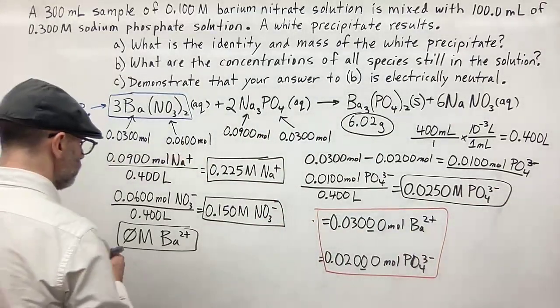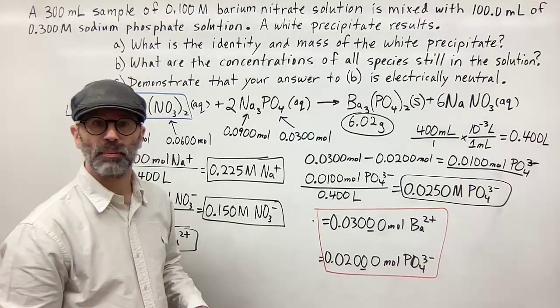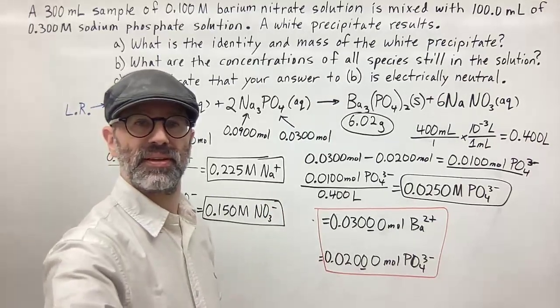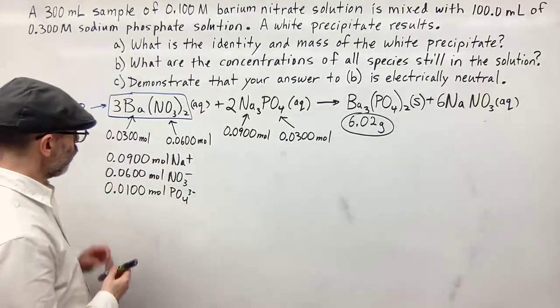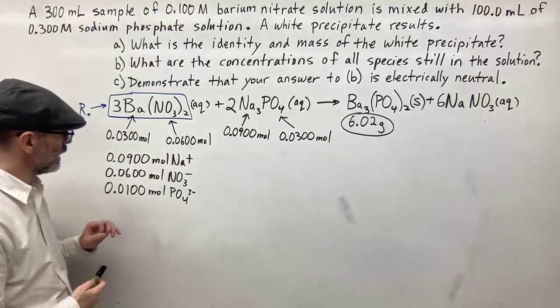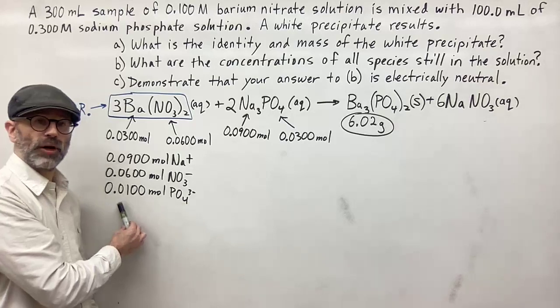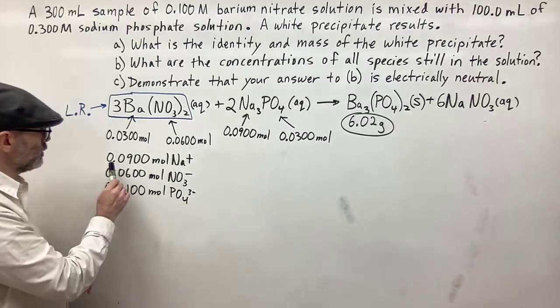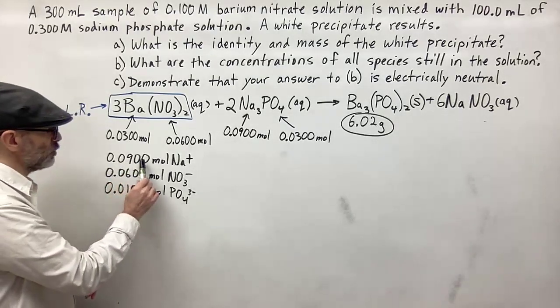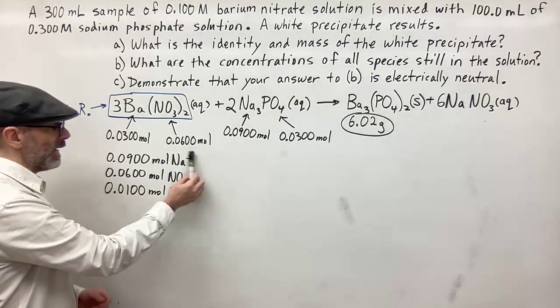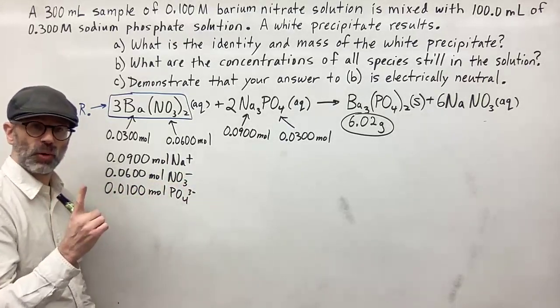So let me go ahead and clean this up a little bit. Okay, so now that I got everything kind of organized here, this is what we have left in solution for each of the ions. So we have 0.0900 moles of sodium. Each sodium ion has a +1 charge.